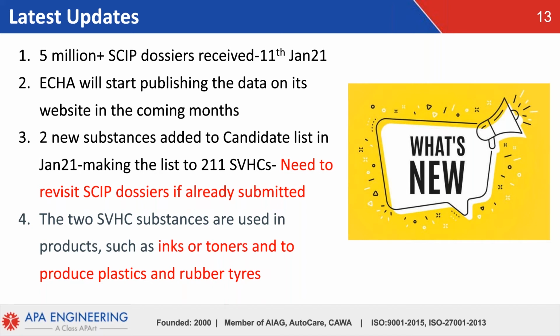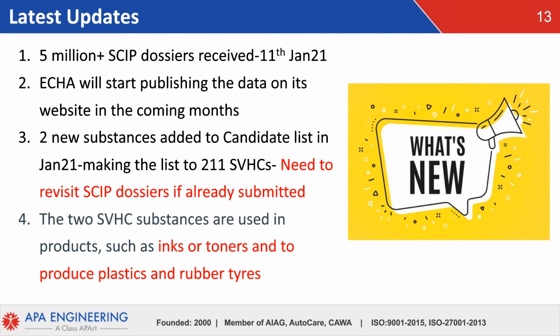ECHA will continue and start publishing the data on its website in the coming months. Now the news. There have been 2 new substances added already to the SCIP database. And this makes the list a total of 211 different SVHCs that you must review. So if you've already submitted your SCIP dossier, you need to consider these 2 new items.